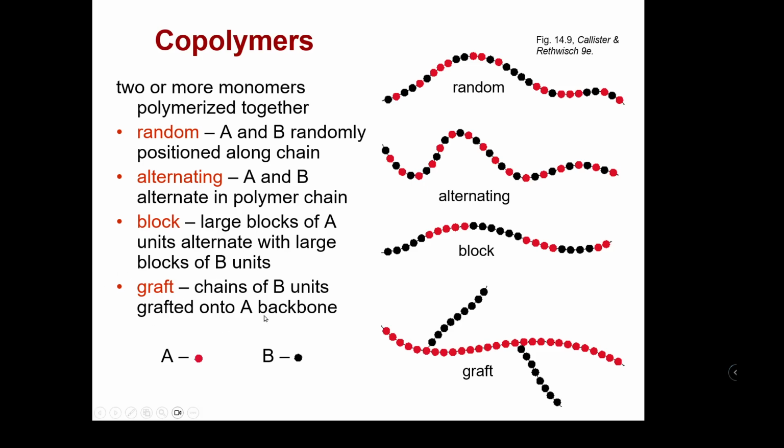But then there's also graft polymers, meaning something that's been grafted onto another polymer chain. So you have a backbone of type A and type B. So really, the DNA and RNA would be an example of a grafted polymer, technically, because you have a backbone, and then you have these nucleic acids attached to the deoxyribose chains.